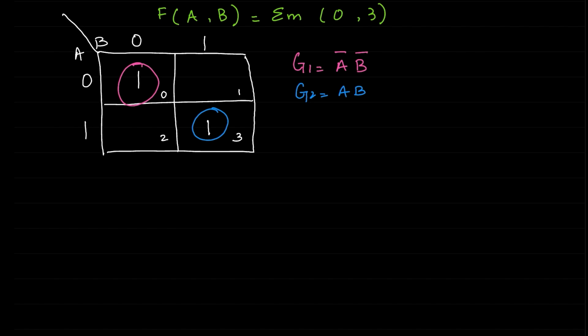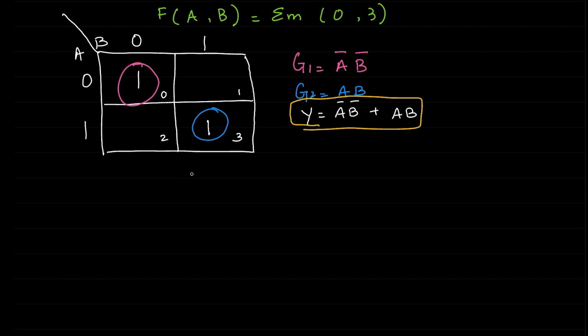Now we will combine the two: A bar B bar plus AB, and this will be the answer for function F(A,B).